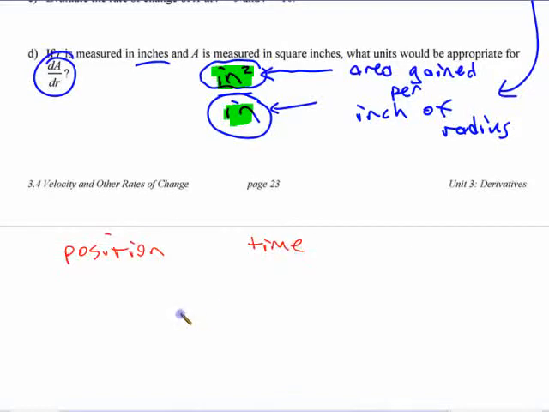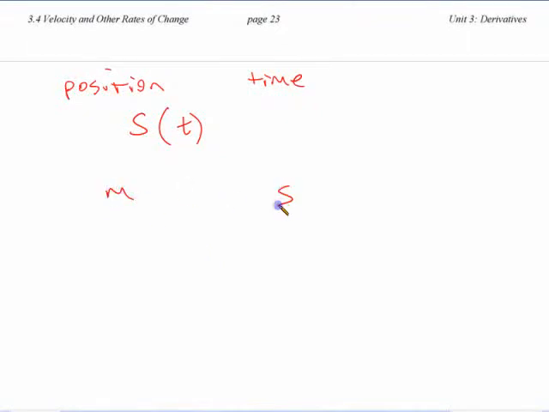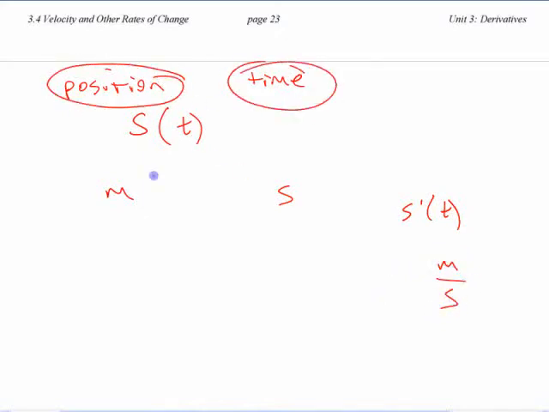We're using S. S is a function of t. If S is measured in meters and this is measured in seconds, then the derivative of that, S prime of t, is going to be meters per second. It's the units of this compared to the units of that. Okay, whatever we happen to be using as a starting function here.